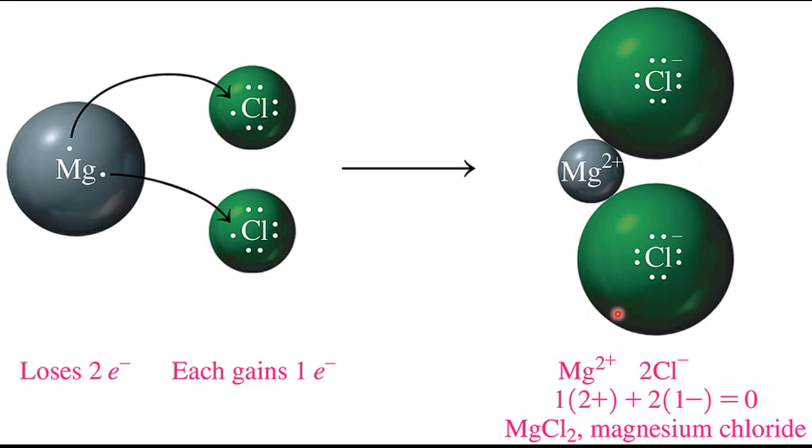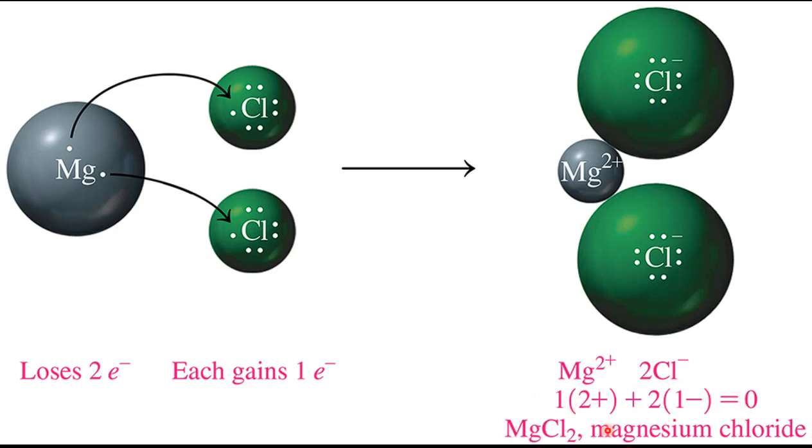So again, mathematically, here's magnesium 2+, and here's our 2 chloride atoms. We have 1 times 2 plus to give us 2, plus the 2 chloride anions times 1 minus will give us -2. So 2 minus 2 equals 0.